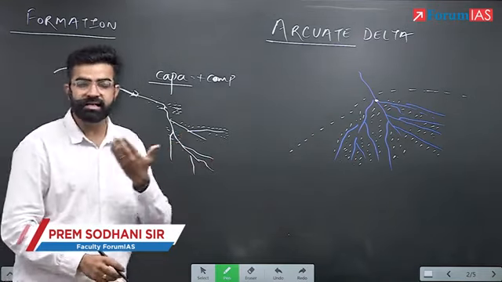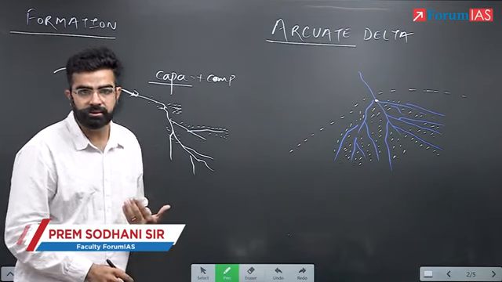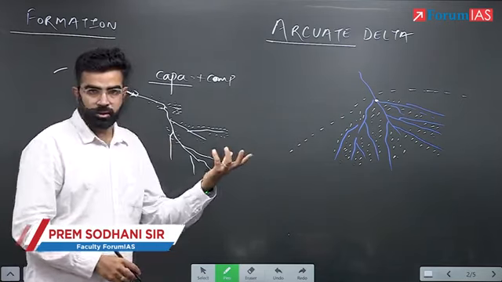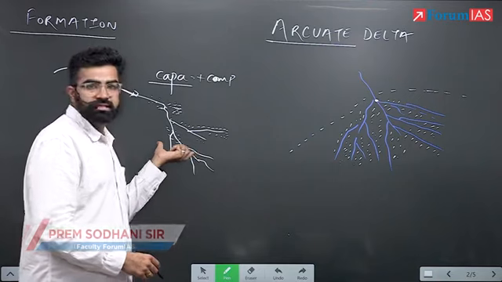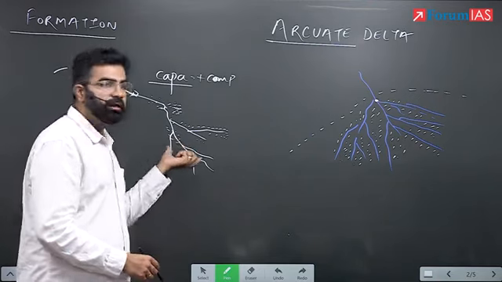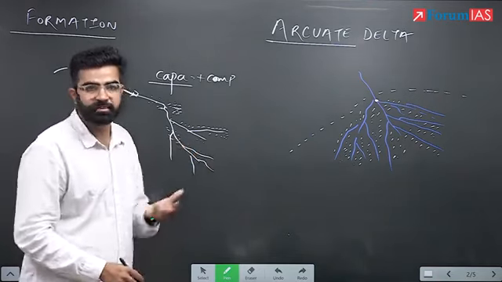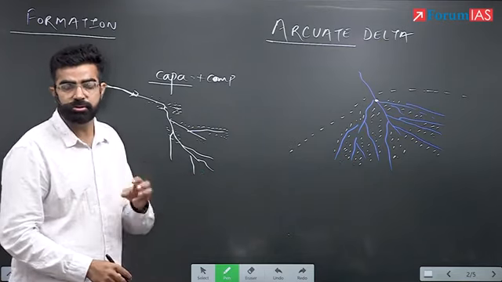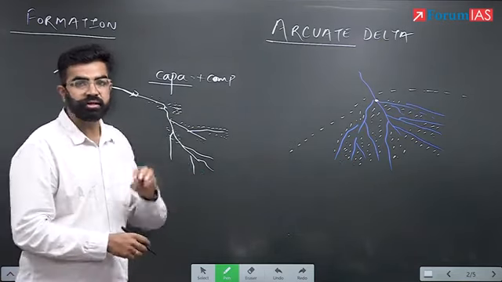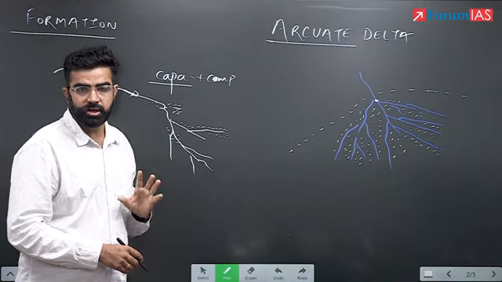It is continuously seeking a new path so that it can flow. So this is how, because of the inability of the river to wash away its sediments, delta-like features are formed at the last stage, where the river is meeting the sea or the ocean.